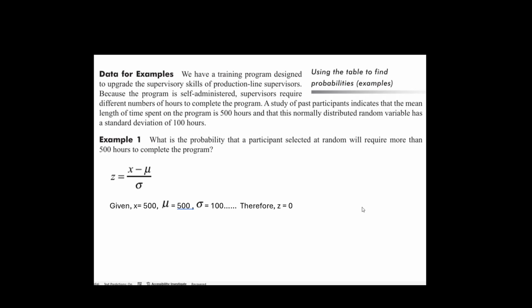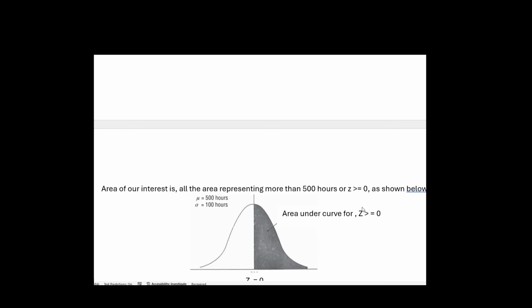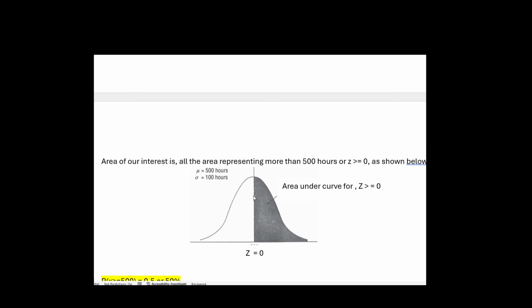So when you get Z equal to 0, basically you are exactly at the center, and what we want is more than 500 hours. So the area under the curve of our interest is this shaded area, because this is more than Z equal to 0, which represents X equal to 500.